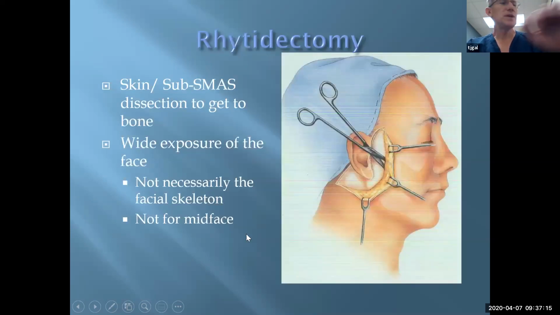The rhytidectomy or facelift approach is not a great access, primarily because it's a skin or a skin-muscle sub-SMAS flap. You're still not down to the bone. Now, if you're including it as part of your access for a bicoronal and getting further dissection so you can go more severe, this technique is fine.